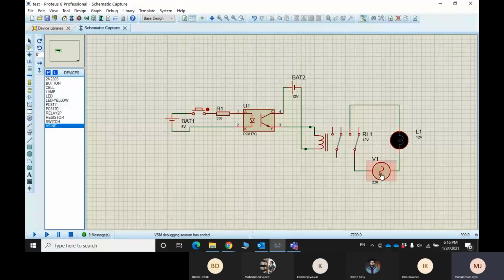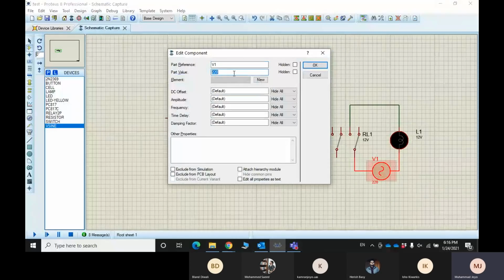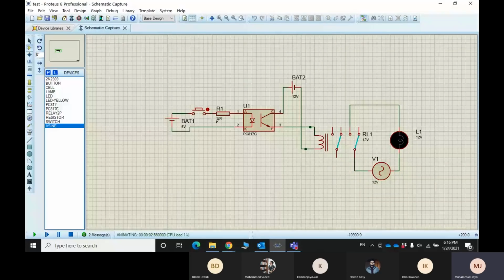Okay, one more thing. Here I saw it right now. Here it is 12 volts. It doesn't work either way.